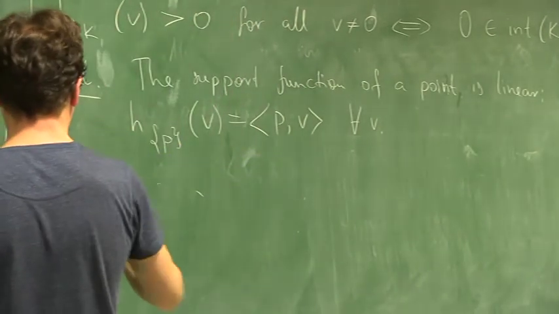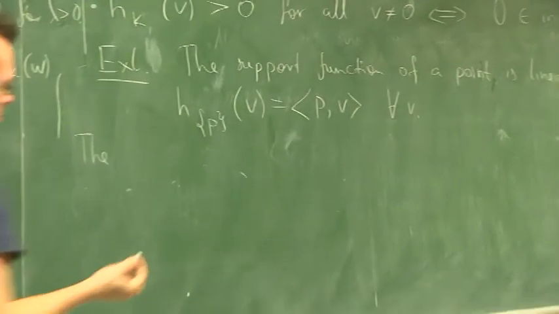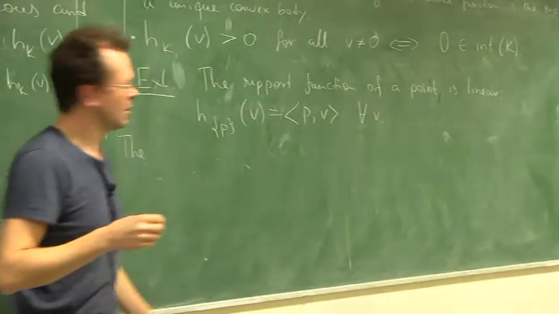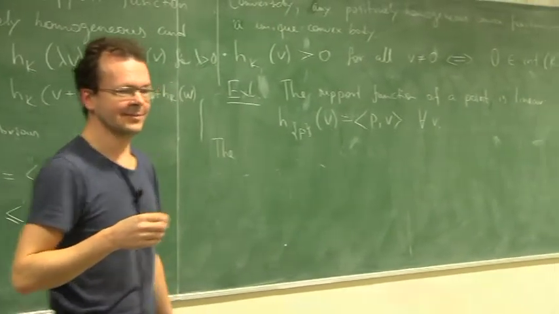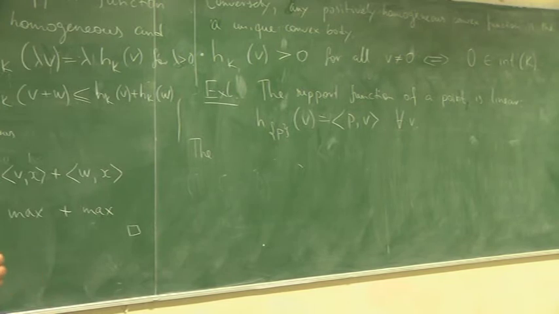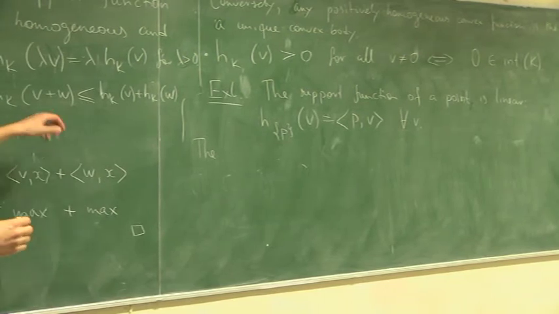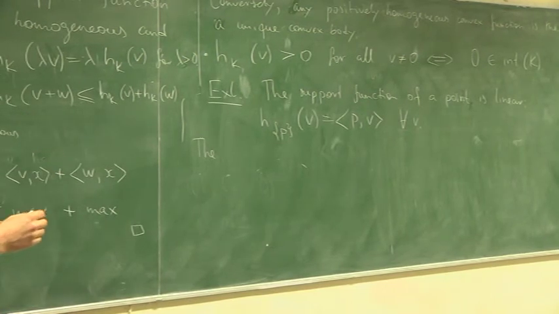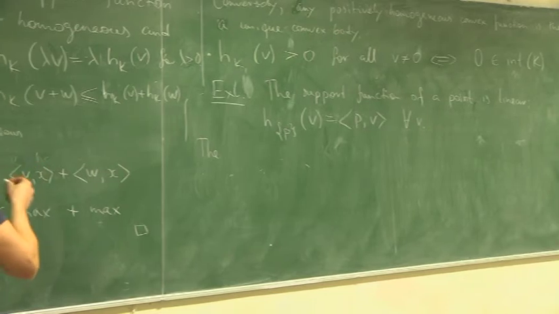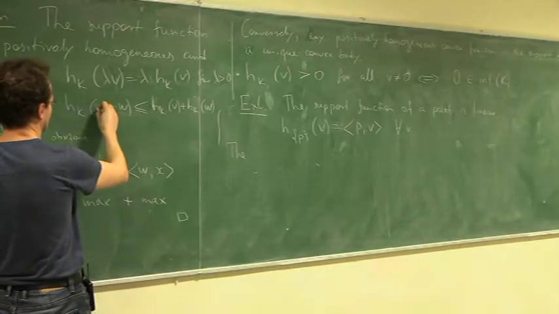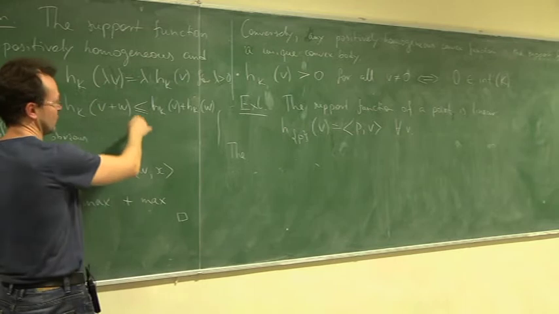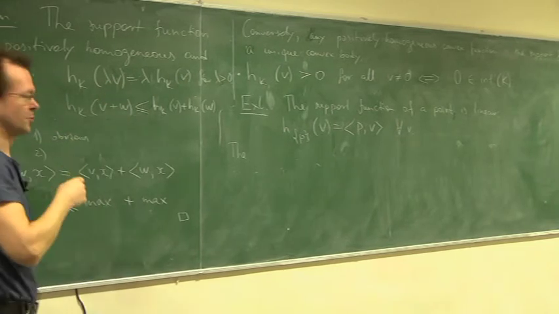What is the support function of a convex polytope? And convex, yes. So this is convexity. Actually, one can put here also any coefficients, because of the positive homogeneity.